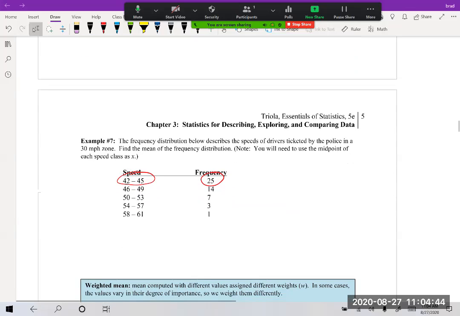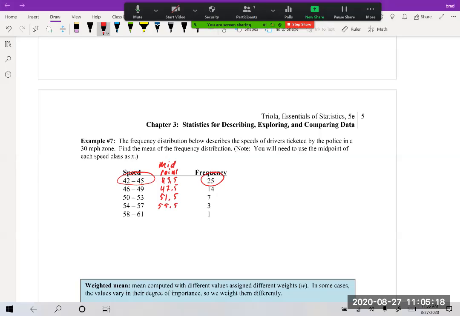So we're going to find the midpoints for each one of these categories. We're going to do 45 and 42, so that would be 87 divided by 2, which is 43.5. Then the next one, 49 plus 46 divided by 2 would be 47.5. The next one, 51.5. The next one, 55.5.